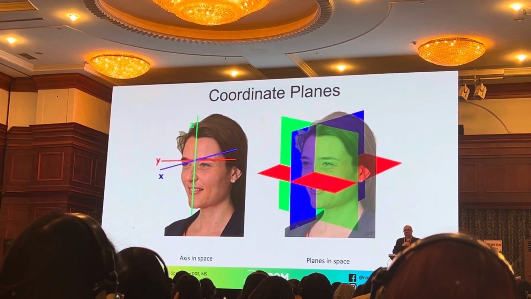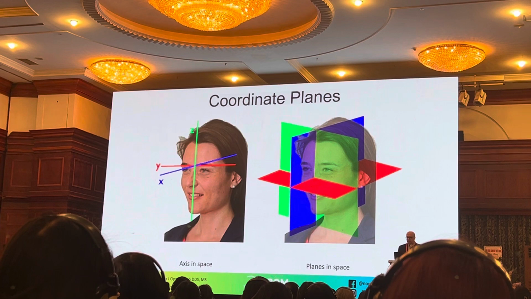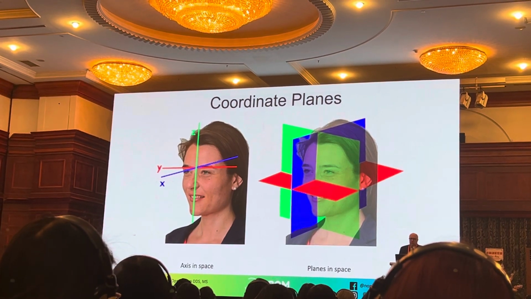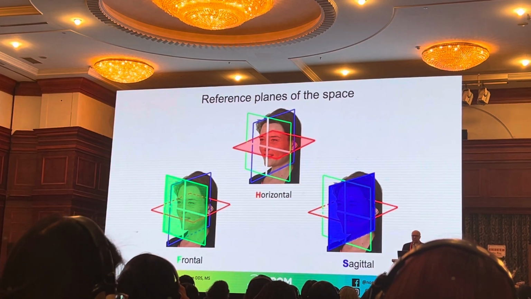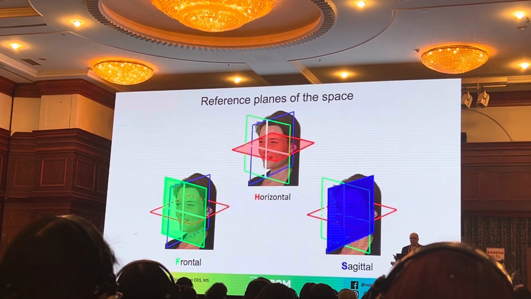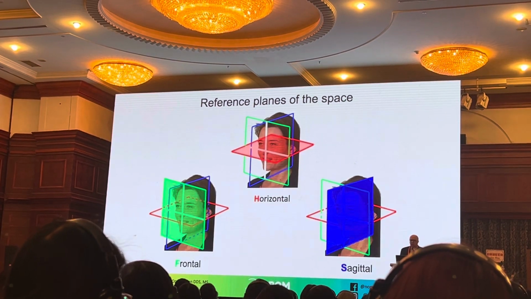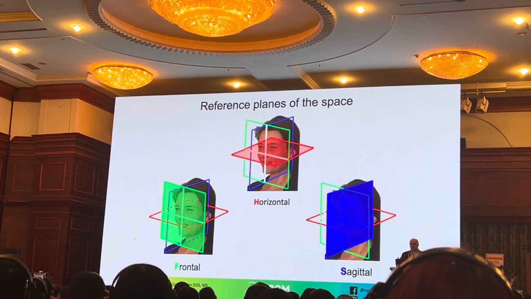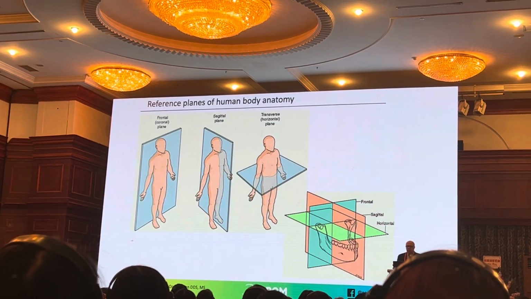So we're going to use the same coordinate system in our diagnosis. So if I see the case from frontal or horizontal or sagittal, I will talk about the y, the z, or the x, okay? Not only the face is being analyzed from this coordinate system, but also the whole body.